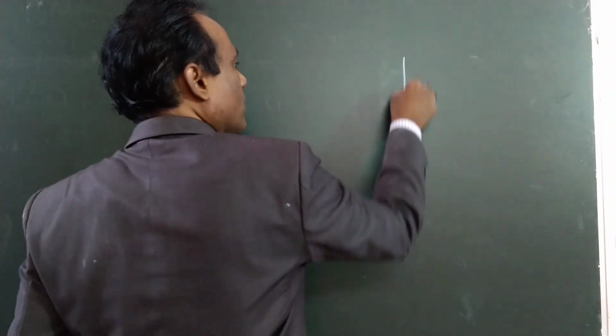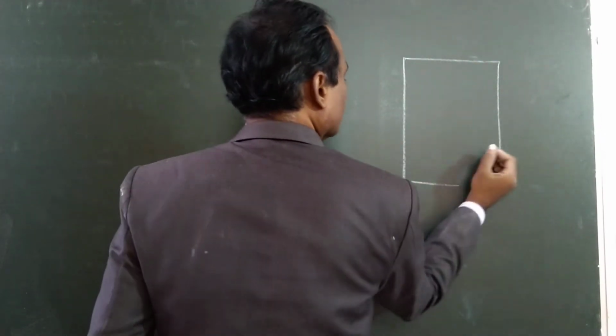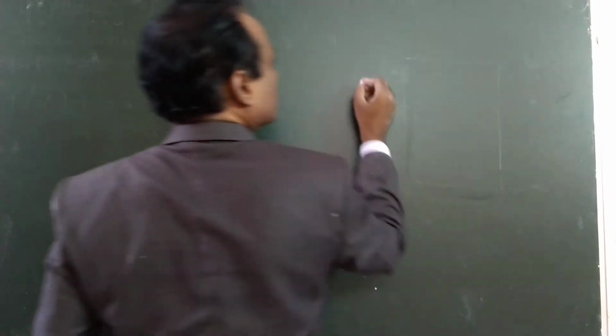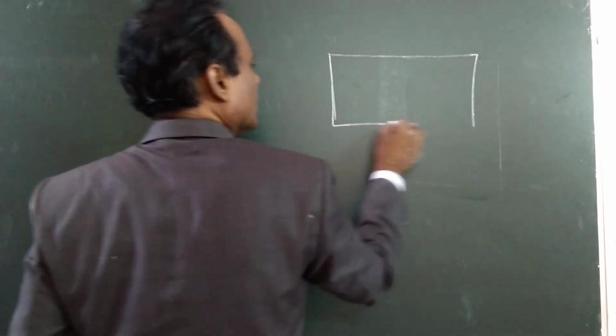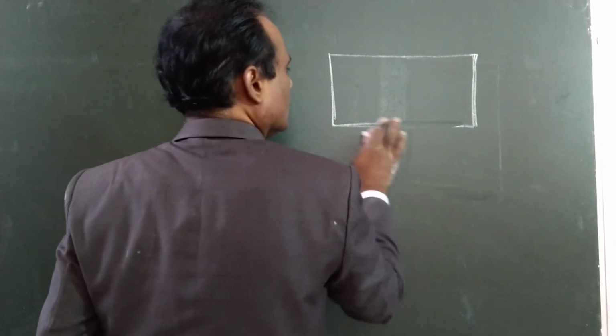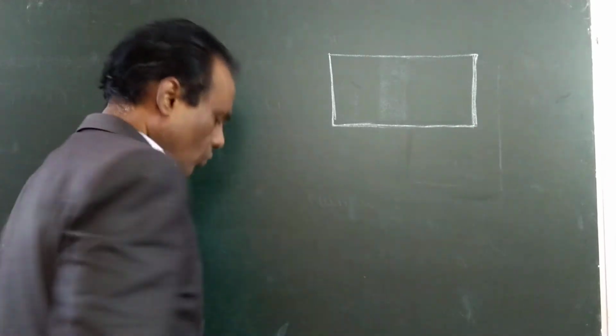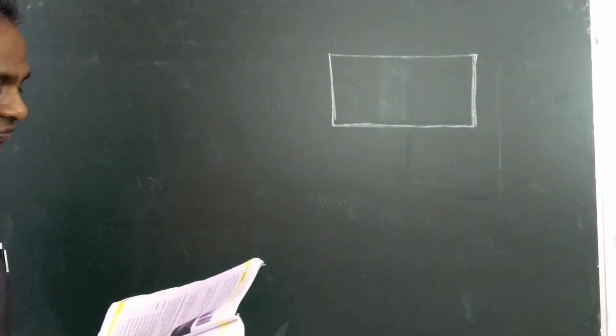See here, the perimeter of a school volleyball court. So this is the volleyball court. The perimeter of the school volleyball court is 177 feet.